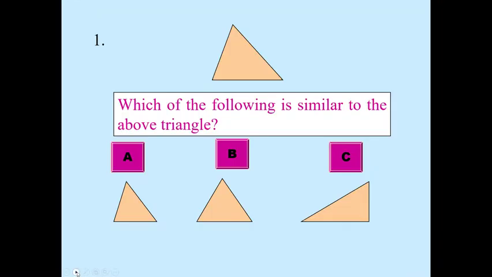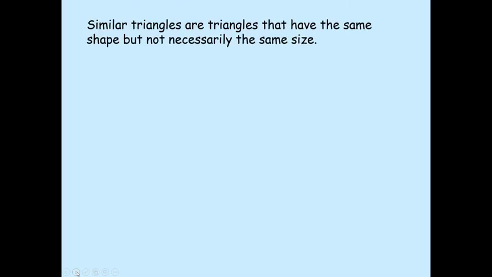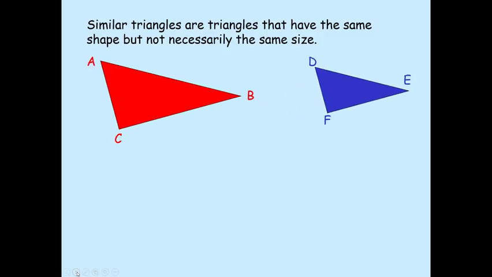Well, if you know what similarity means, I hope that you would pick A. Similar triangles are triangles that have the same shape but not necessarily the same size. Notice we have this triangle ABC, and then we've got DEF. Same shape, looks like the same angle measurements, but they're definitely not the same size. But they are similar.